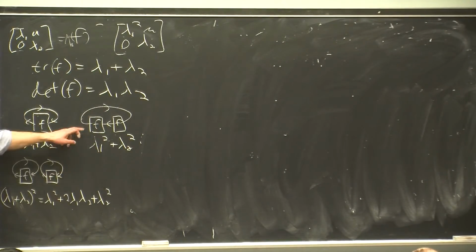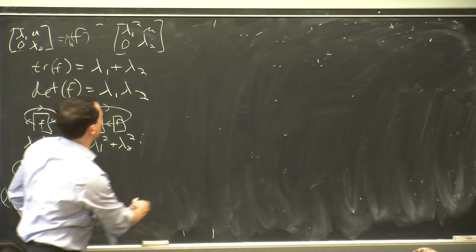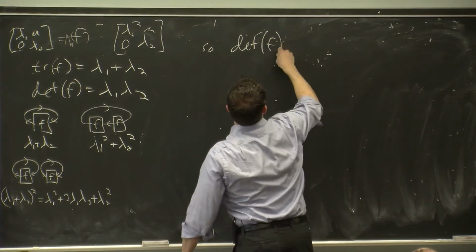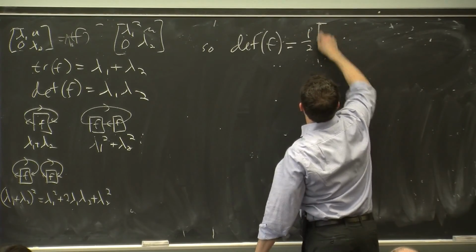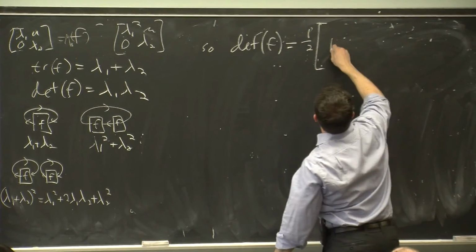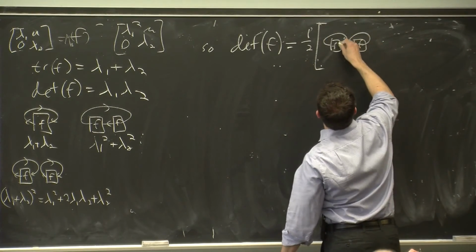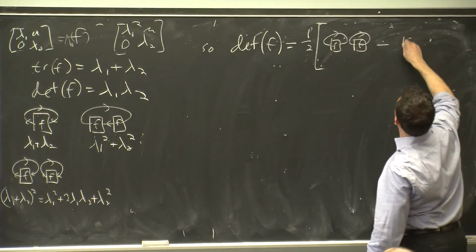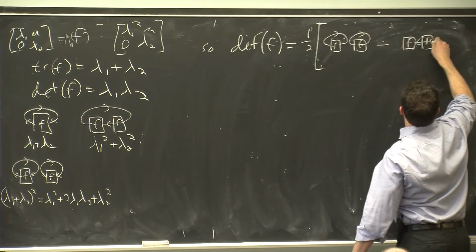And then I just subtract off this part, and I'll get the stuff in the middle by itself. So determinant of F in this notation would be 1/2 of 2 loops, loop times loop minus the composition.